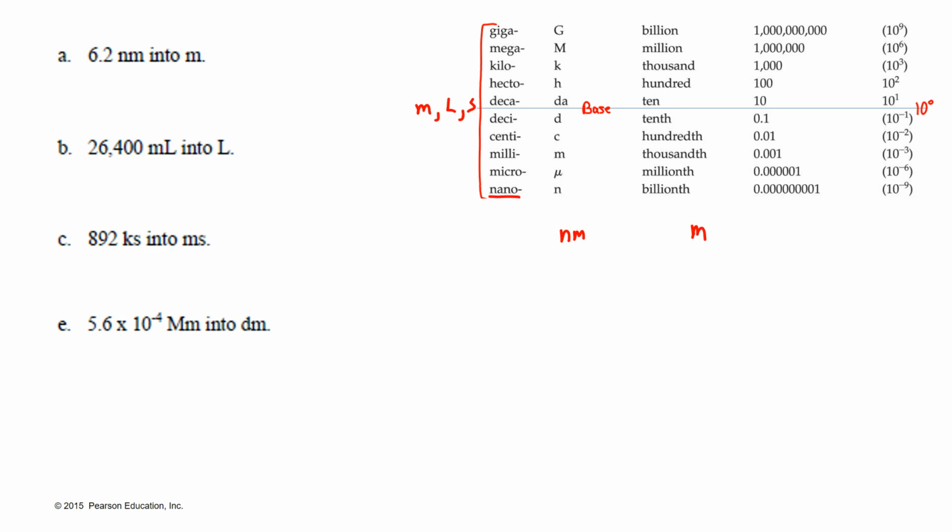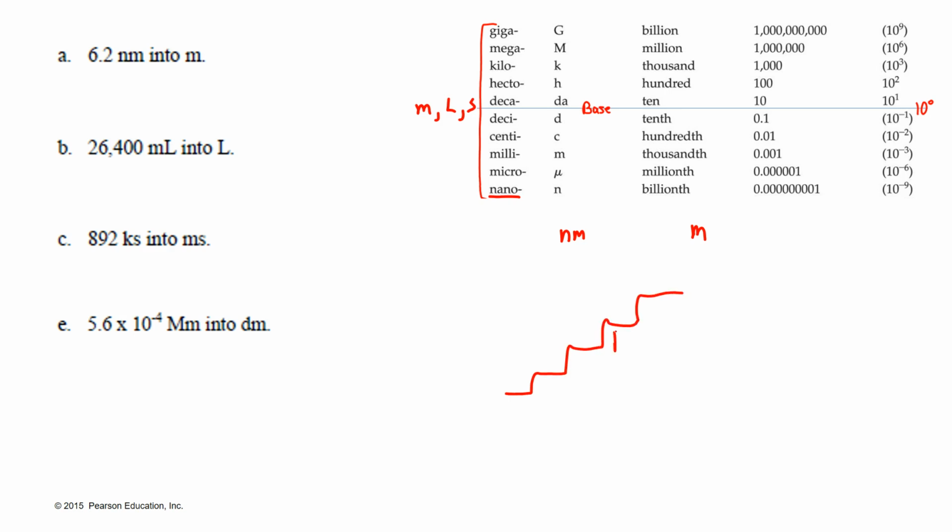Now, when I do these, I want you to pay attention to something. I know one method they teach in elementary school and middle school is that little stair method, where you put them all on the stair.